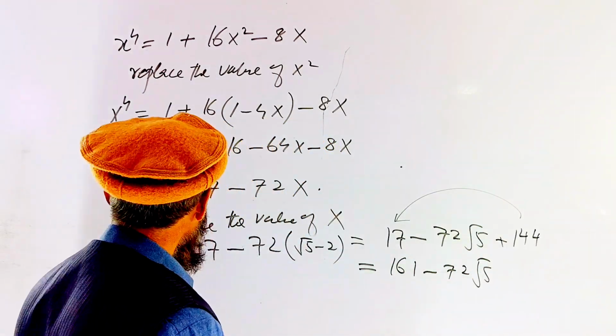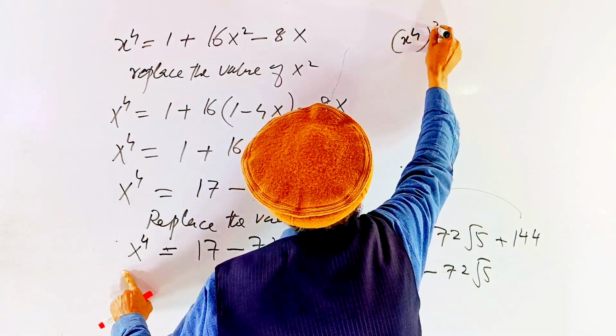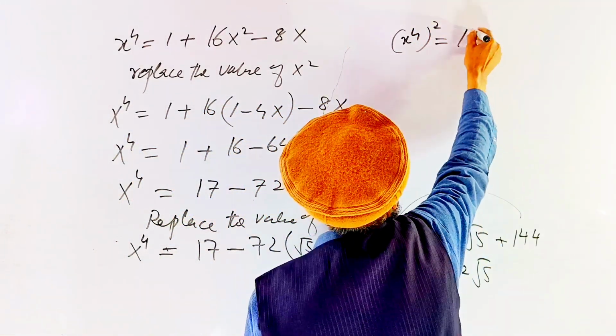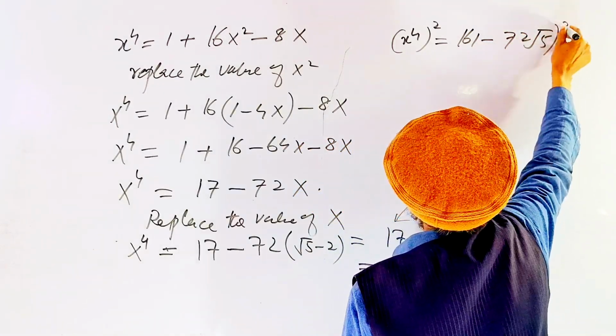Again, because we need x4 whole exponent 2, x8 is equal to 161 minus 72 under the root 5 whole square.